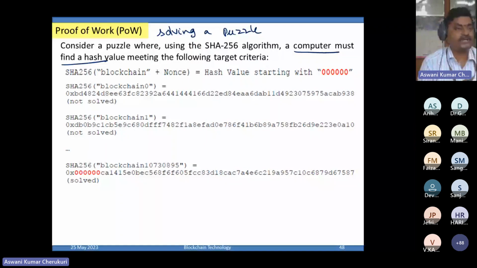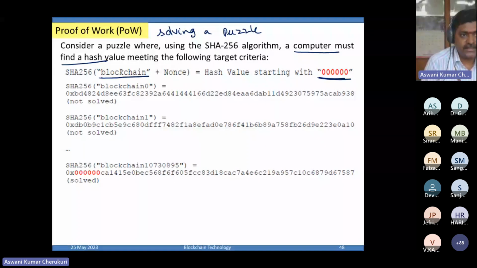You should find a hash value for the input. The hash value should start with 6 zeros. You should find such a hash value. And remember, the input is the text, which is the blockchain, and also the nonce, which is the random number.